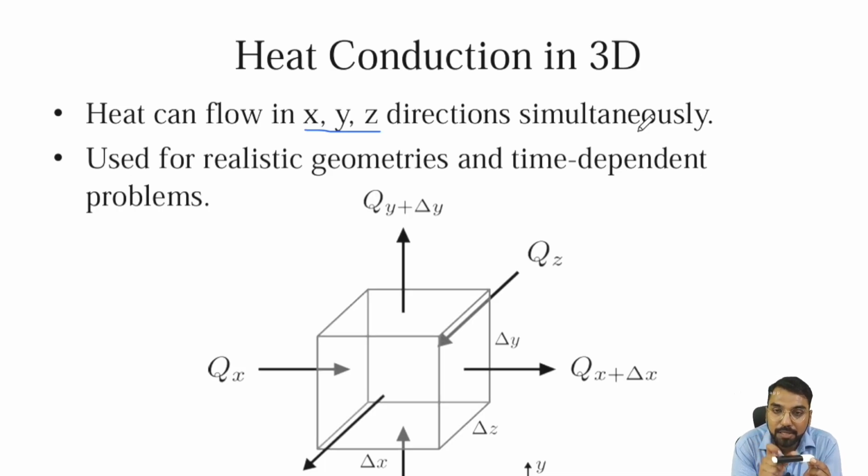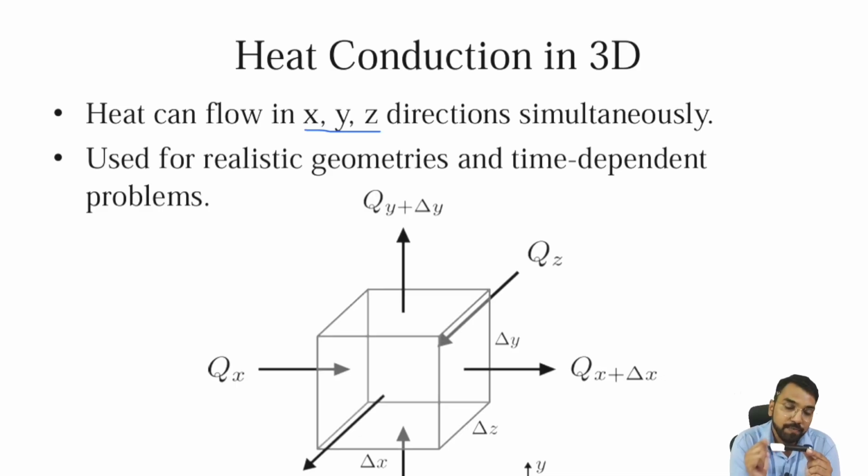The temperature gradient is acting on this metal rod. Due to the temperature difference across this length, the heat will be transferred from this end to the other end.